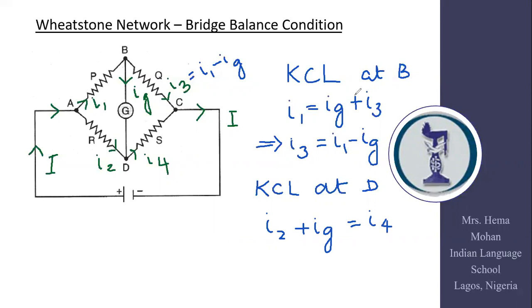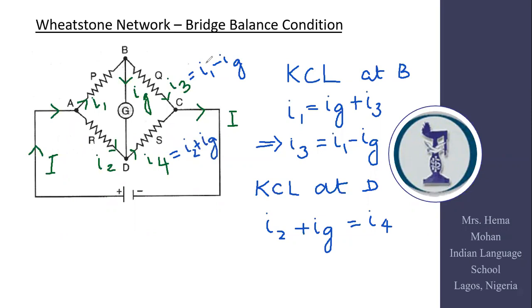Isn't that correct, children? So I4 is I2 plus IG. I'm not going to rearrange the equation. So I4 becomes equal to I2 plus IG.